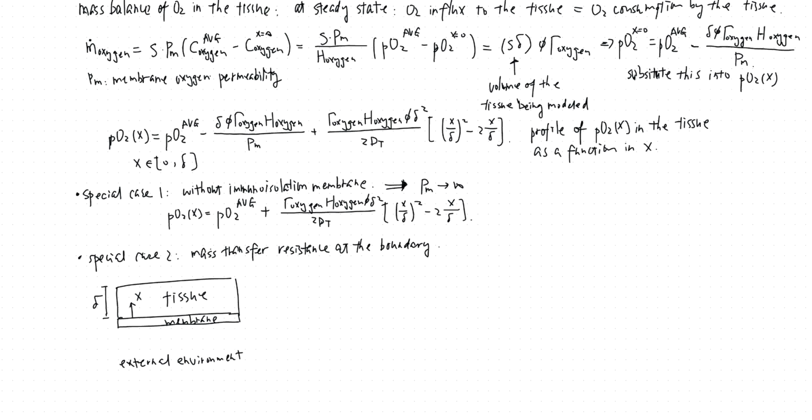And then the external environment will give you something like bulk PO2. But here you have a boundary layer, so this is the concentration boundary layer.